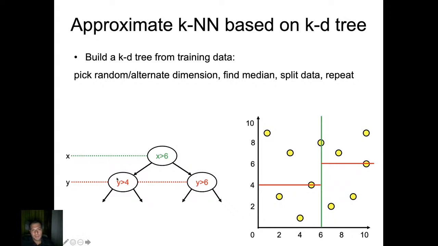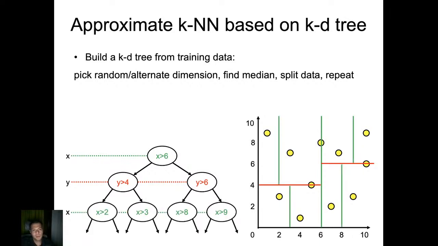Okay, so going back to our example, we take these two subspaces, we choose the other dimension, and we divide them according to the corresponding median. So here we have the median 4, and for this one we have the median 6. So then we have 4 subspaces, which we again divide considering the other dimension, and so on.